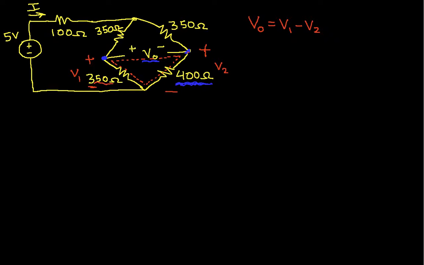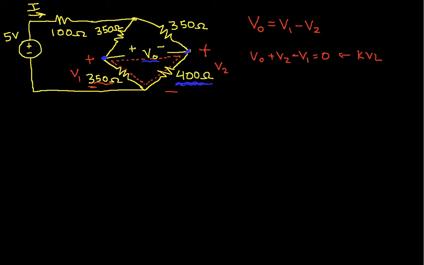So I had V0 plus V2 minus V1 is equal to 0. And again, that comes from Kirchhoff's voltage law. I can rearrange that expression to get that V0 is V1 minus V2. So if I can find V1 and V2, then I'm good. I've got all the information I need.